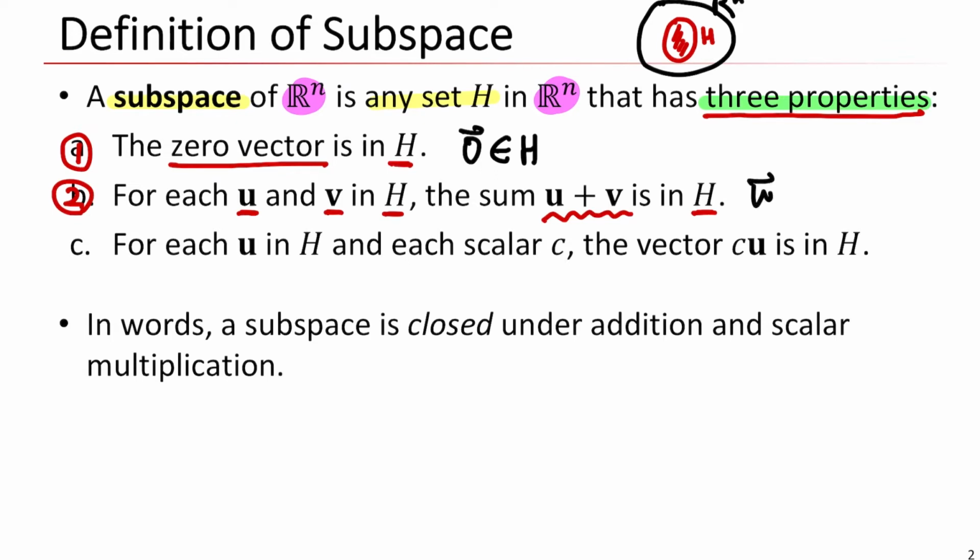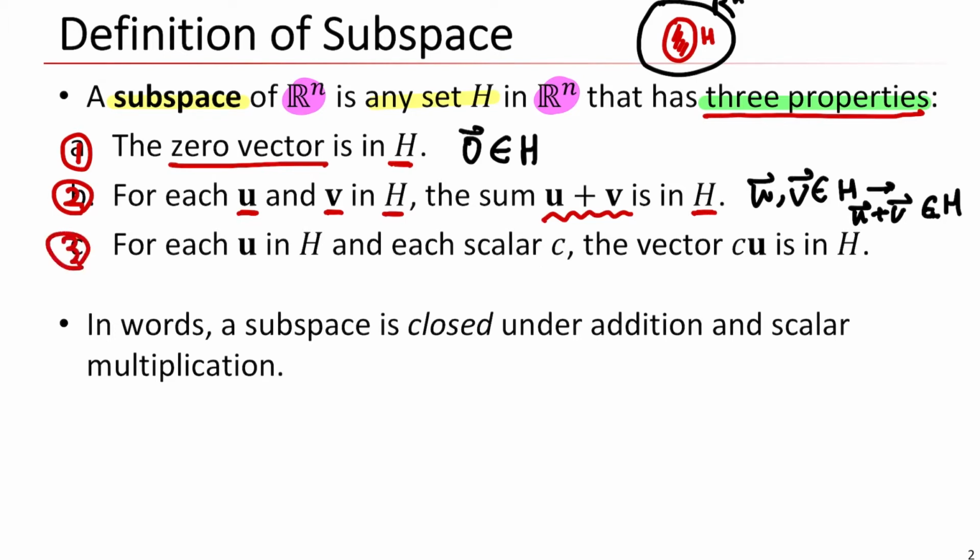Let's say vector u and vector v are in H, then u plus v is also in H. So this is the second property.